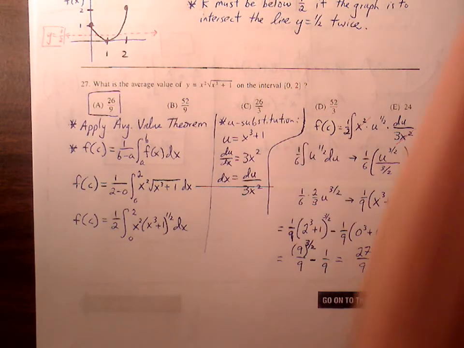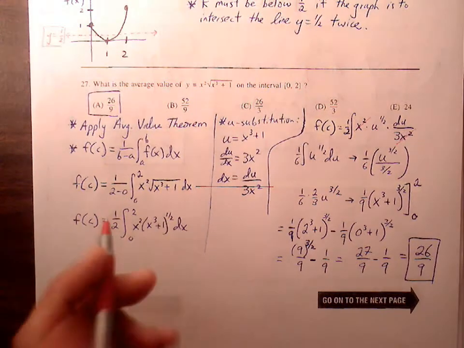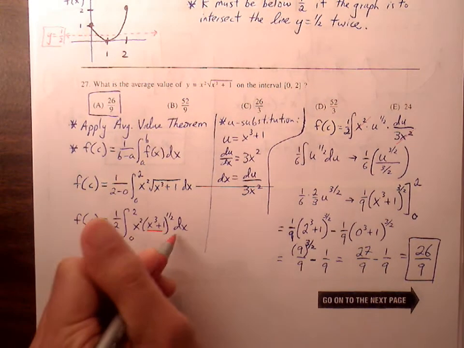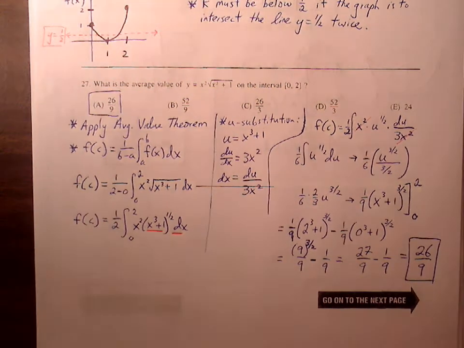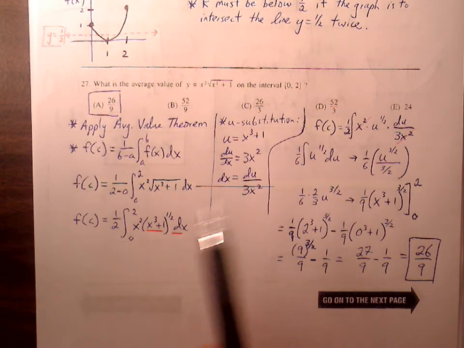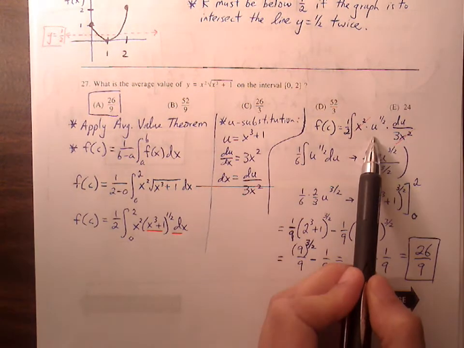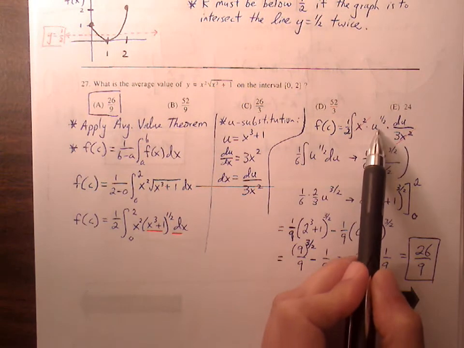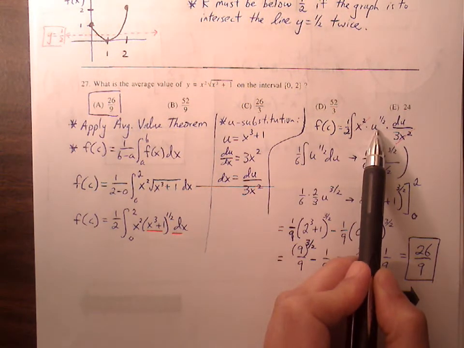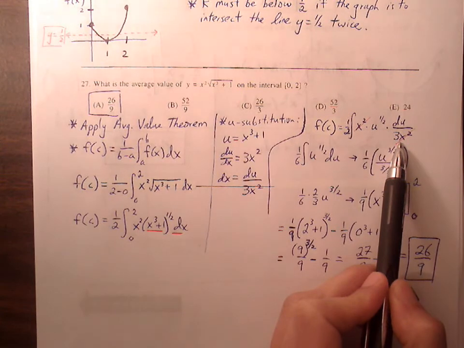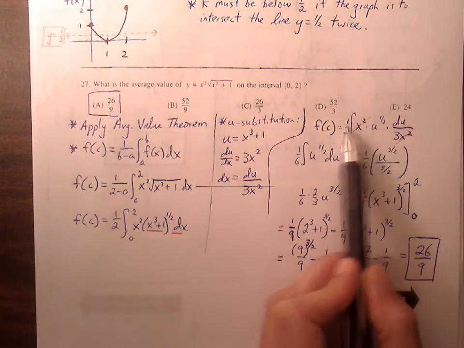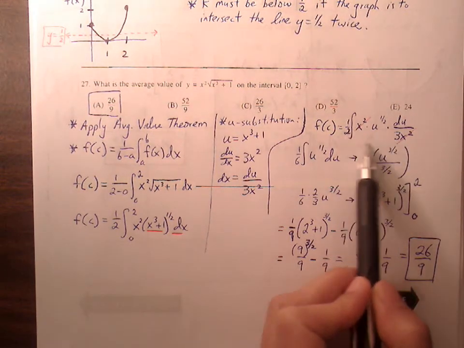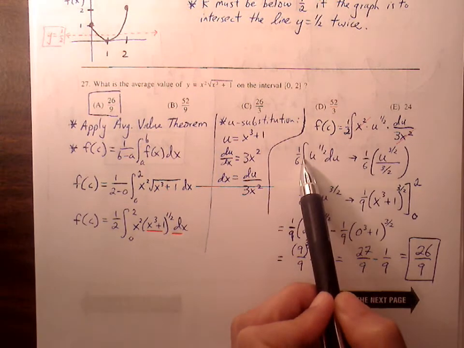So as you go through u substitution, we're going to be replacing this piece and this piece as well. So x cubed plus 1 gets replaced with u to the 1/2, or u in parentheses raised to the 1/2. dx gets replaced with du over 3x squared. x squared cancels out. We can push the 3 out in front along with the 1/2 as 1/6.